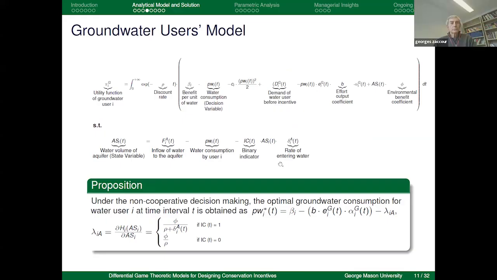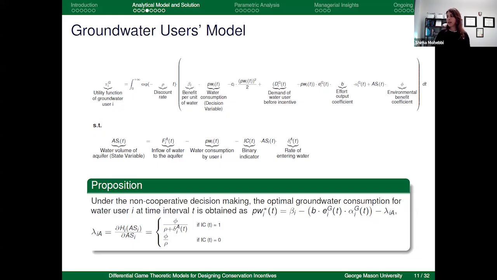The other thing is the coupling, the dynamic behavior of the upstream and downstream users, which is captured by this indicator function, whether the water volume is connected for these two users. So one impact is captured in terms of water availability, the water balance equation over time.